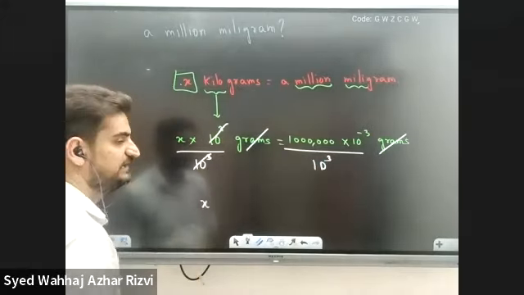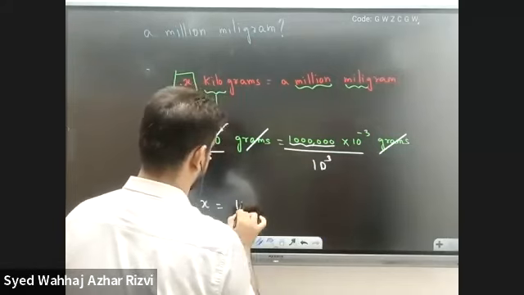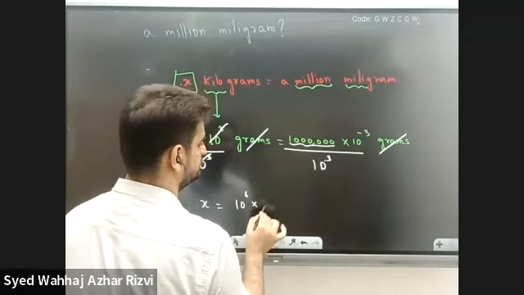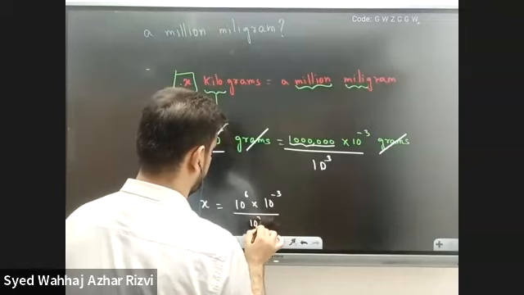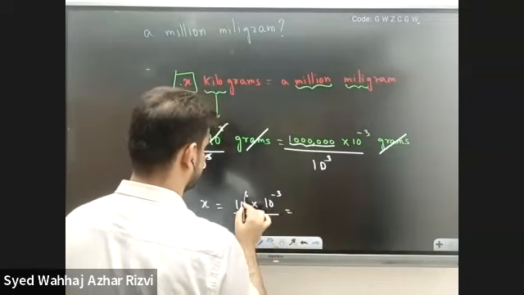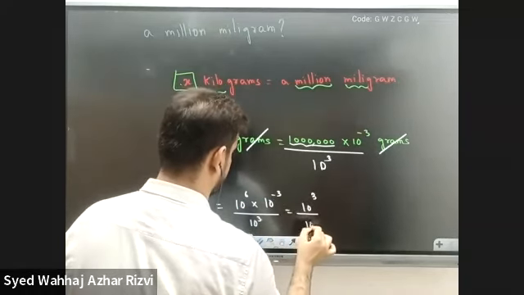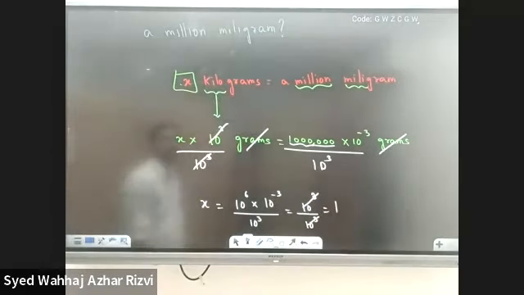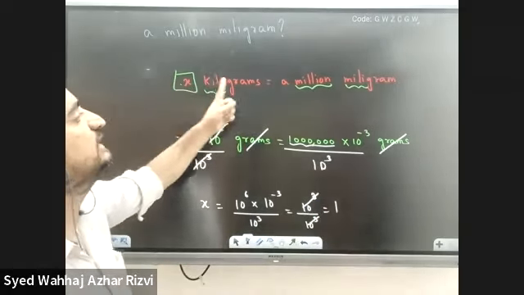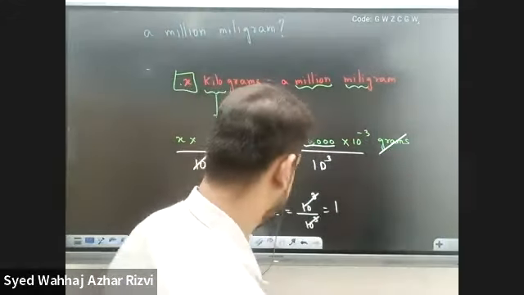The X remains on the left of the equation, and on the right, this can be written as 10 raised to the power 6 into 10 raised to the power -3 divided by 10 raised to the power 3. So 6 minus 3 is 3, it's 10 raised to the power 3 over 10 raised to the power 3, which means X equals 1. So there is exactly 1 kilogram, which is equal to a million milligrams.